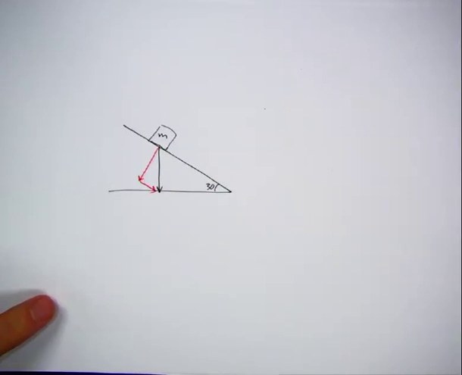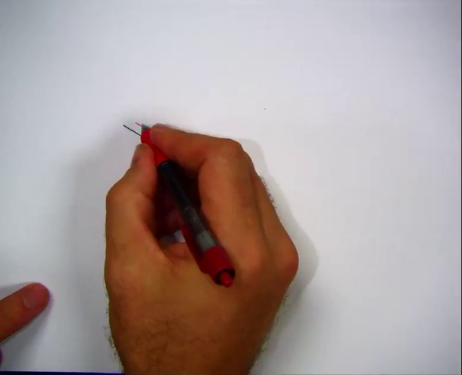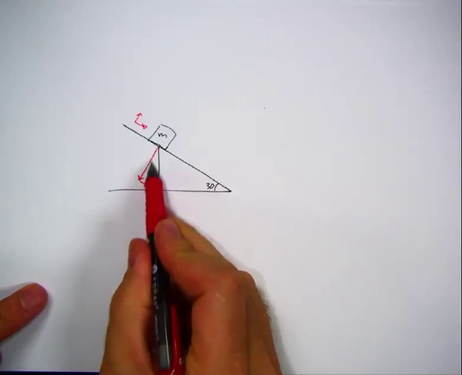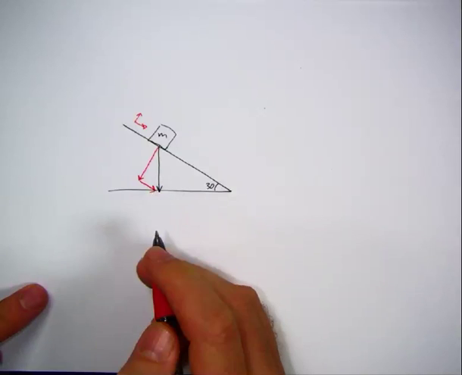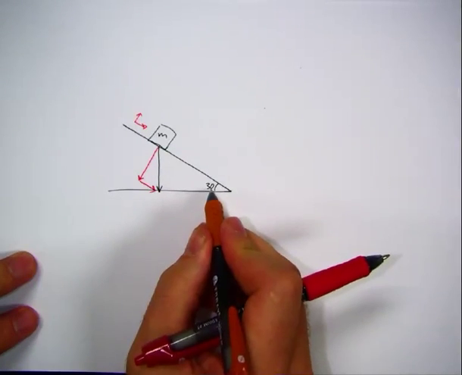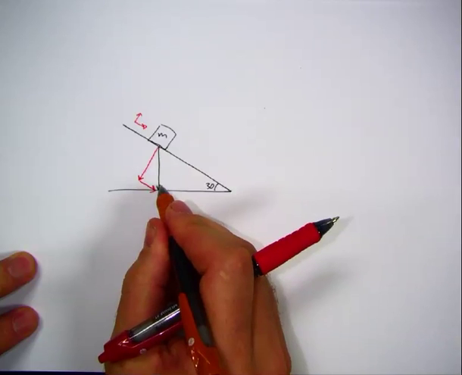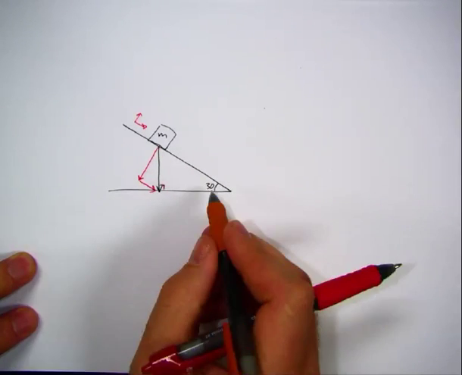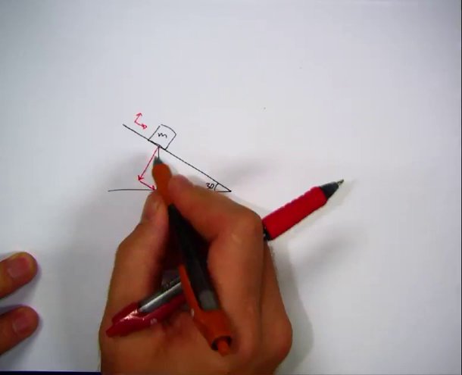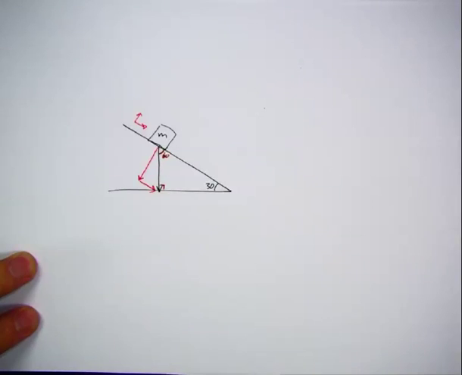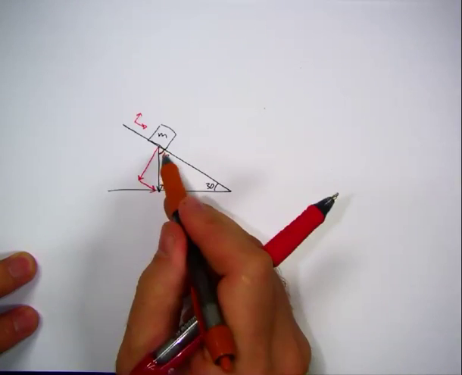Because this was our coordinate system, x and y, we're trying to figure out if we know one of these angles in the triangle. As you can see, that's actually pretty easy. This is a 30-degree angle. This is a 90-degree angle because mg is straight down. So if this is 30 and this is 90, that means that this angle up here has to be 60 degrees. So we have a 30, 60, 90 triangle here.